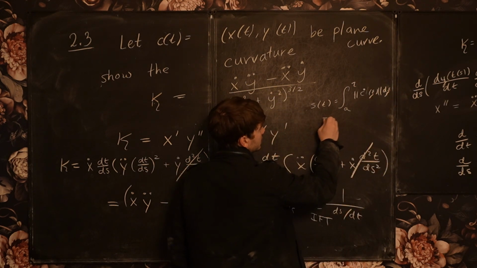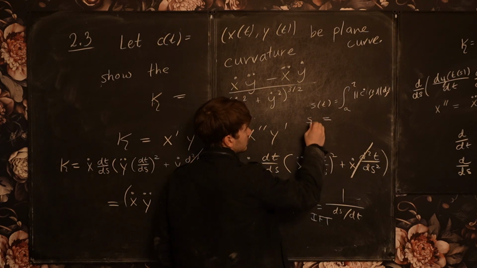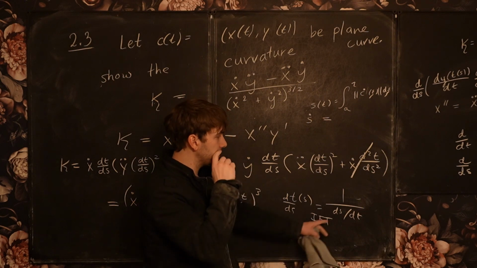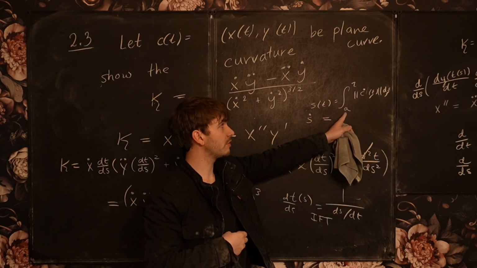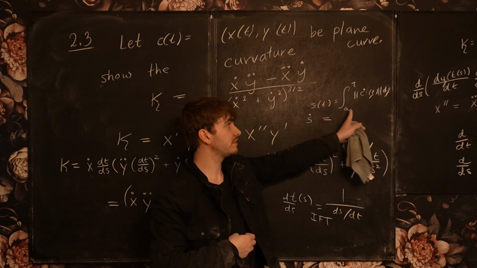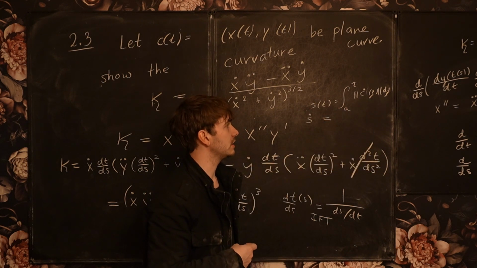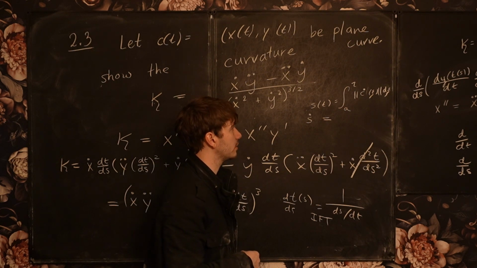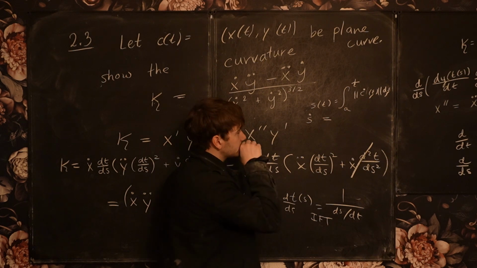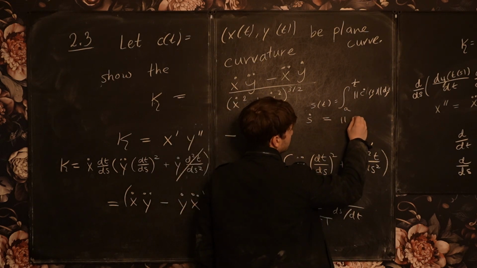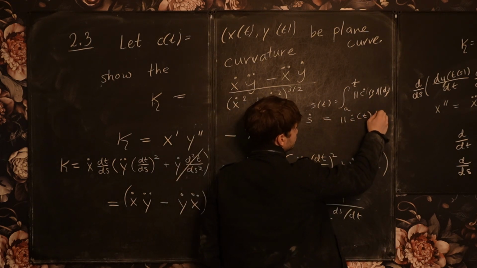So s dot, ds over dt, by the fundamental theorem of calculus, the derivative of this cumulative integral is just the integrand evaluated at the endpoint, which is varying, namely the upper endpoint in this case. And so this is just the norm of c dot of t.